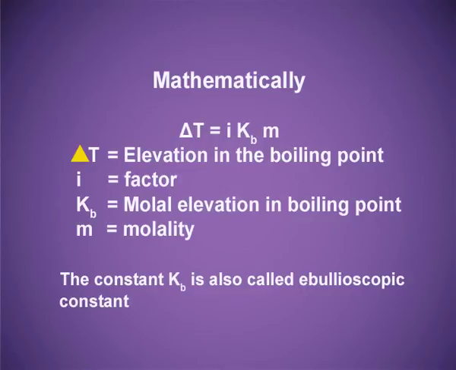Kb is the molal elevation boiling point constant. It is also known as the ebullioscopic constant. Its unit is Kelvin kg per mole, and m is molality. Molality, you know, is the number of solute particles in 1 kg of solvent.